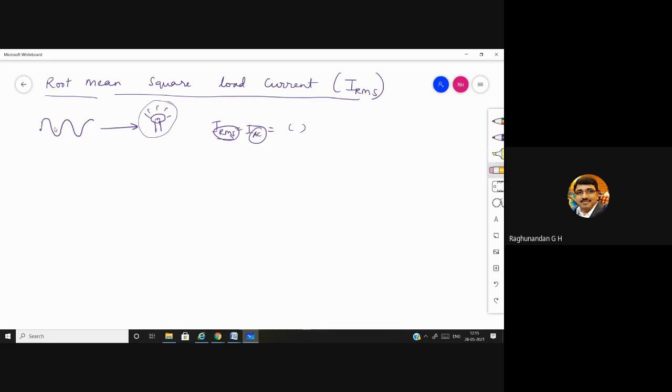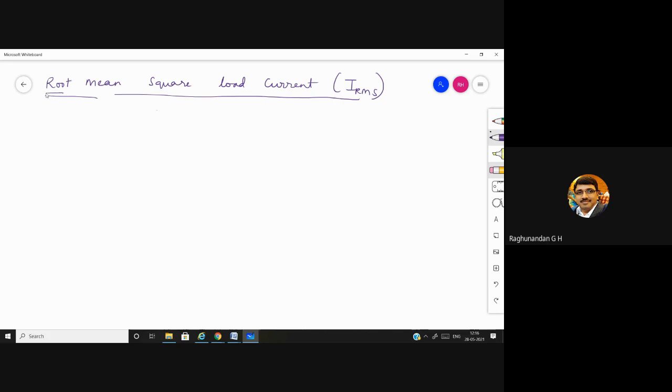Okay. After this, next the derivation for this. For this also, we'll start with the same step that we followed for DC current: area under the curve over the full cycle divided by the time period. But the only change is the root.